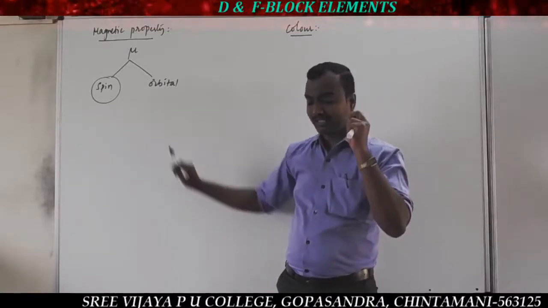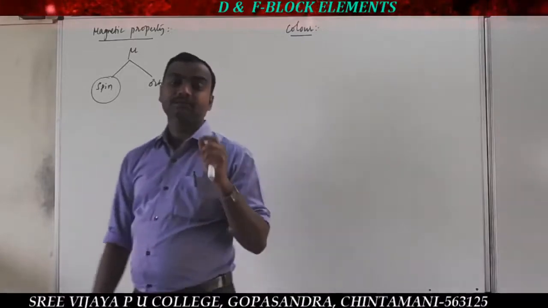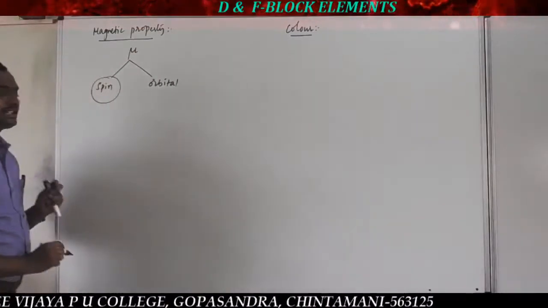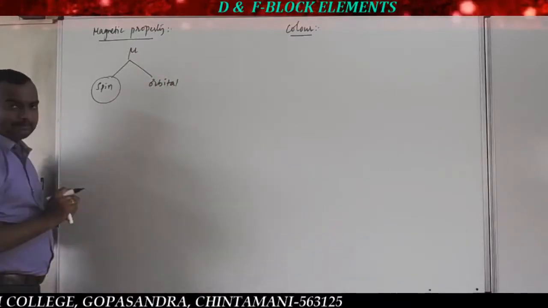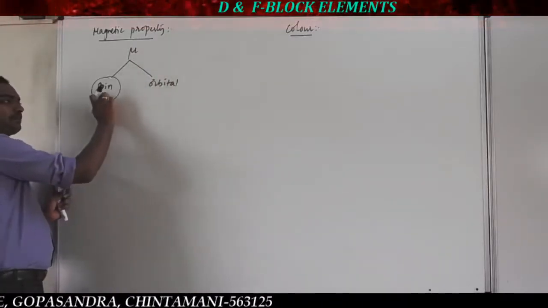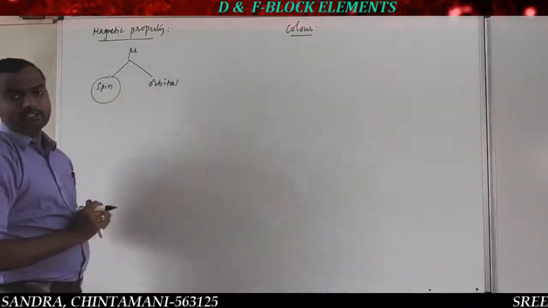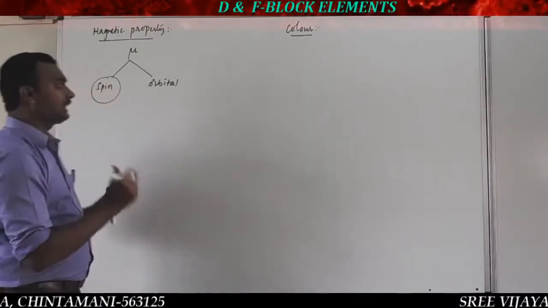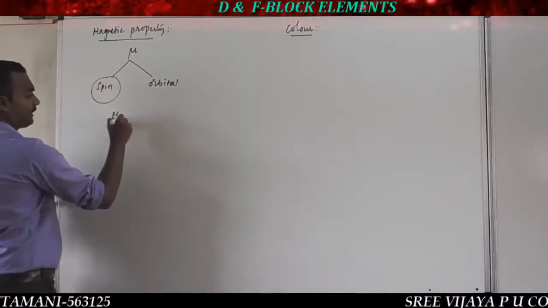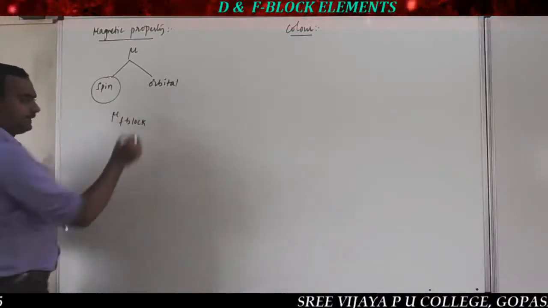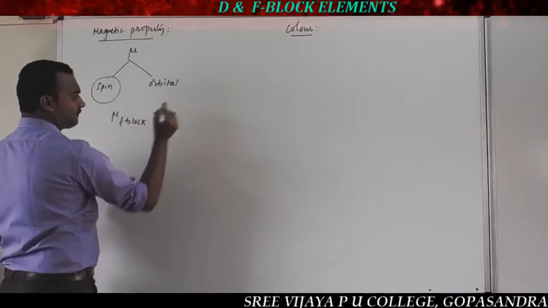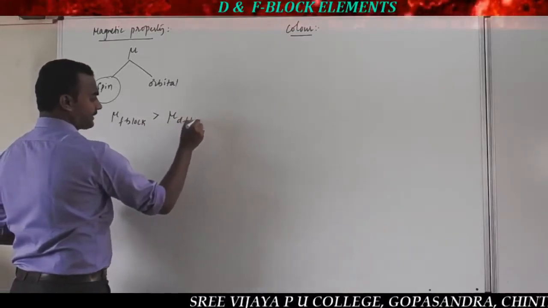So that is the case in the calculation of mu for the d-block elements. But in the case of f-block elements, while calculating the magnetic moment, there is a contribution of both spin and orbital angular momentum. Therefore, the magnetic moment value for f-block elements is always higher than that for d-block elements.